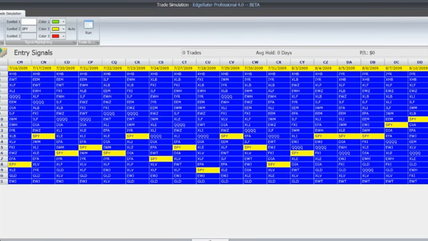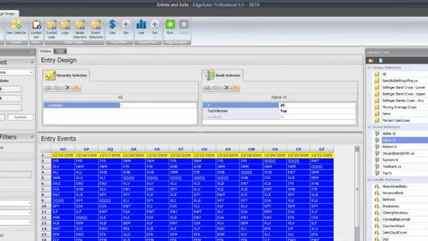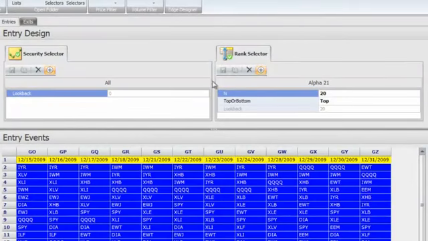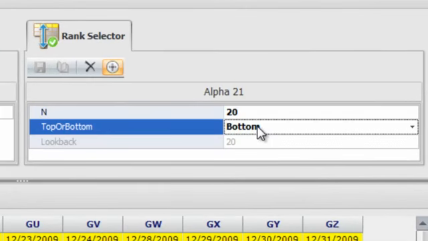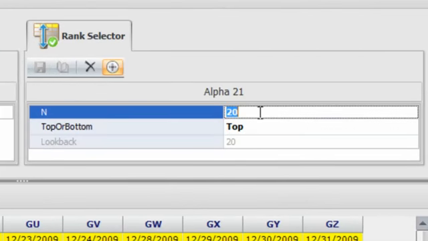Sounds good. Let's go back to the entry design area. This is where we selected those things that appeared in that grid. And now instead of selecting all of these ETFs, we'll select just the top 4.